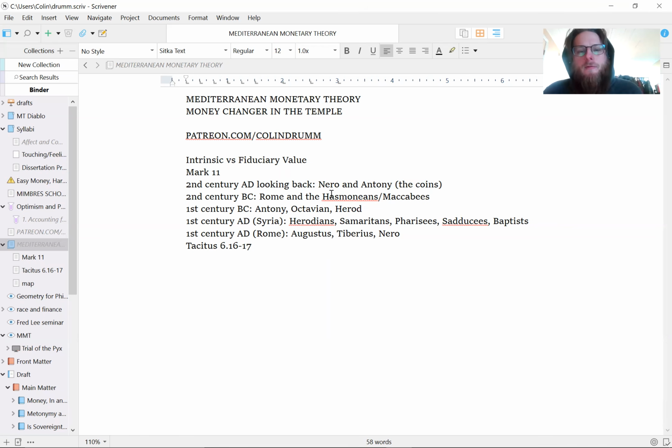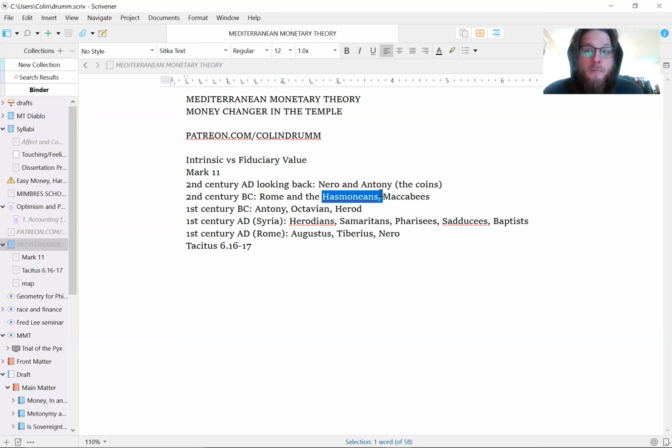And a little bit before the Third Punic War, we also have the revolt of the Maccabees, which founds the Hasmonean dynasty in southern Syria, and so they're revolting from the Seleucids. So the Seleucid dynasty, which is the Hellenistic kingdom, and they are also minting bronze coins. Okay, there are no silver coins, at least none that survive.